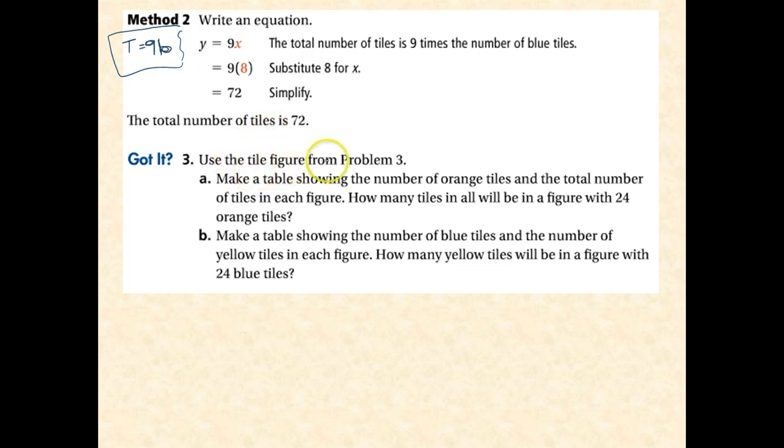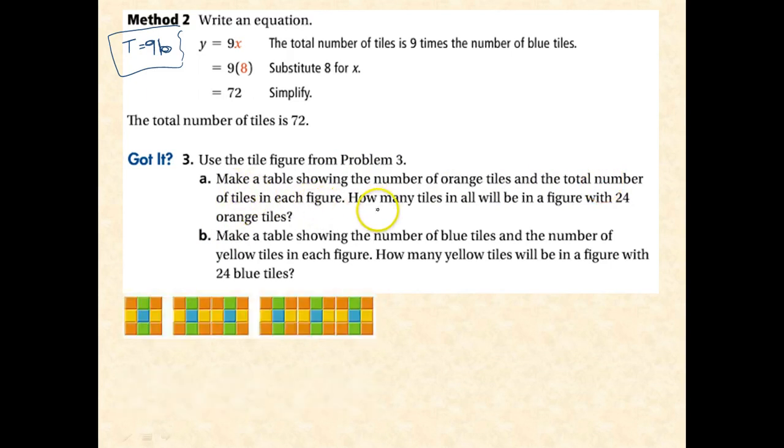Alright, so use the tile figure from problem 3 and see if you can do A and B. Alright, so we need to make a table showing the number of orange tiles and the total number of tiles in each figure. Orange tiles, total.